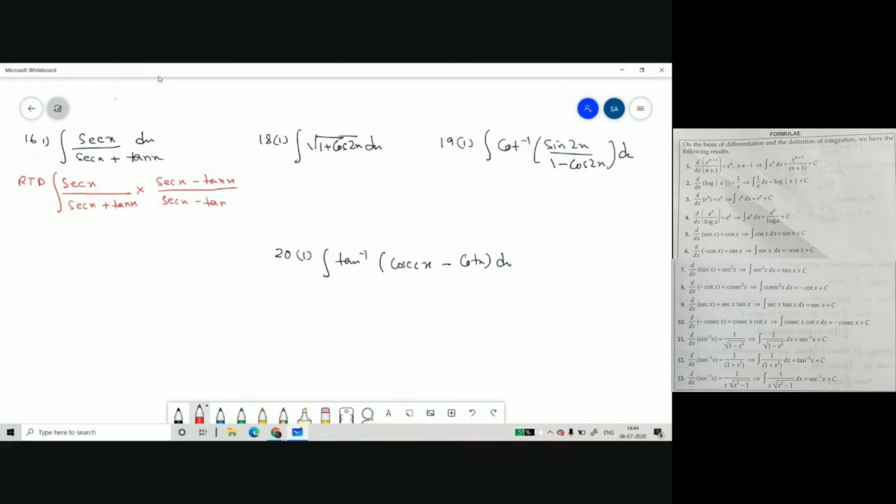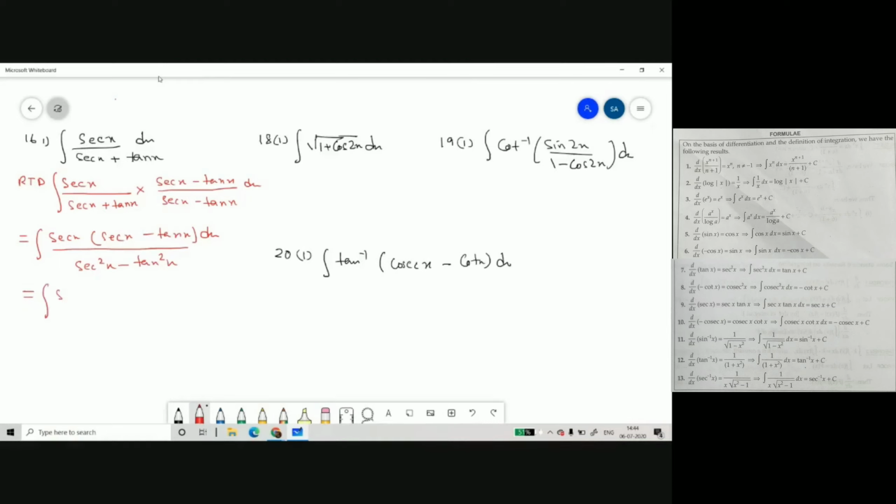So after rationalizing, the entire thing changes to sec x minus tan x dx, and in the denominator you have sec square x minus tan square x, isn't it?